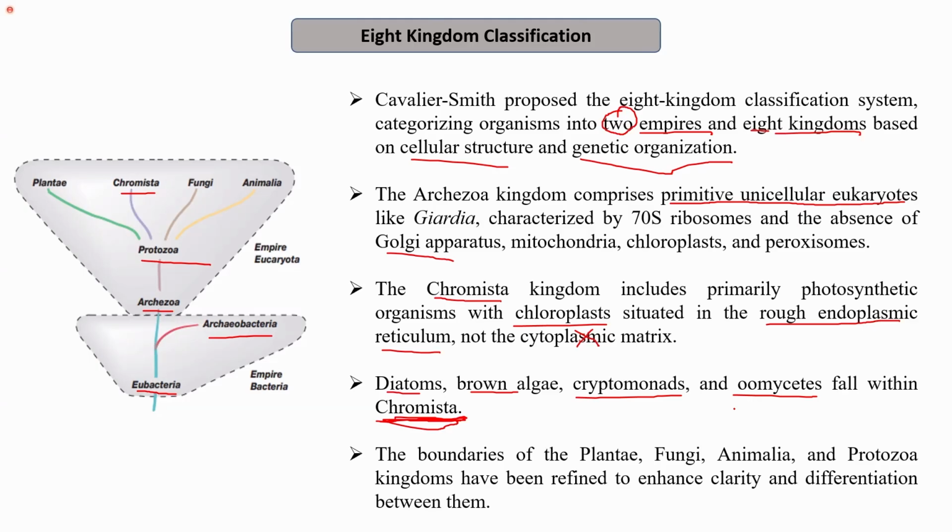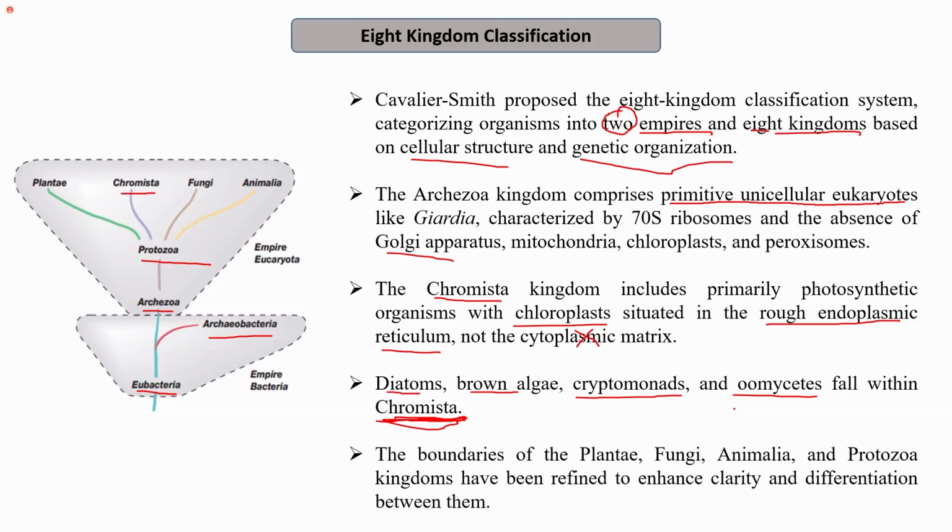So this was about the different classification systems that we need to know. Starting from the 2 kingdom classification, where organisms were only classified into kingdom Plantae and Animalia. Then we have the 3 kingdom classification, where the organisms were classified into Fungi, Plantae, and Animalia.